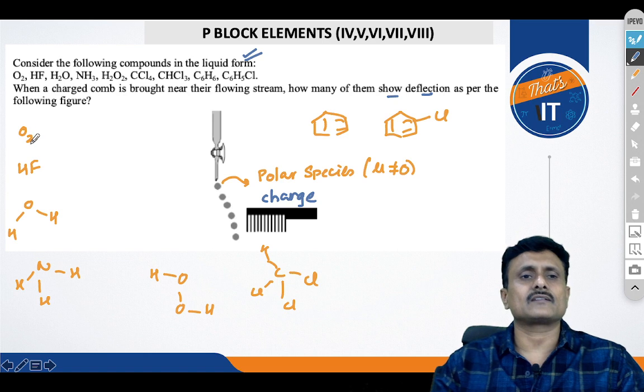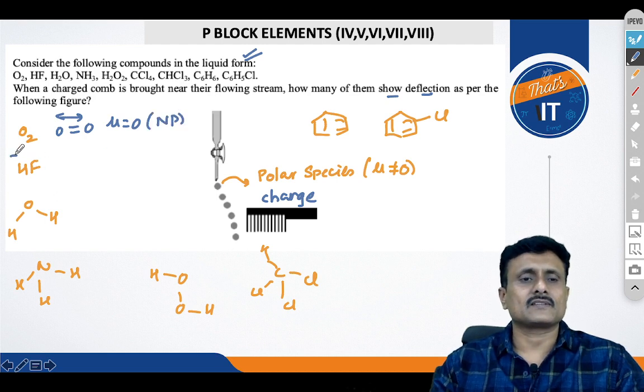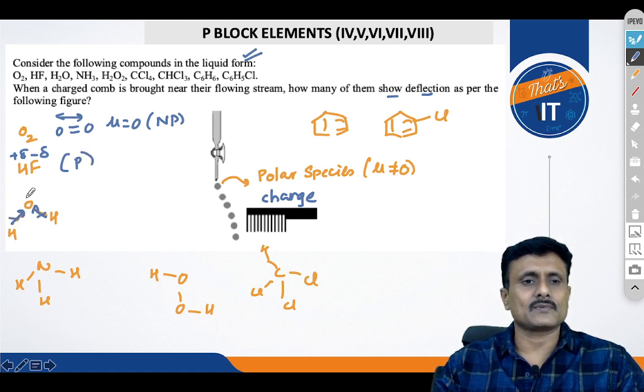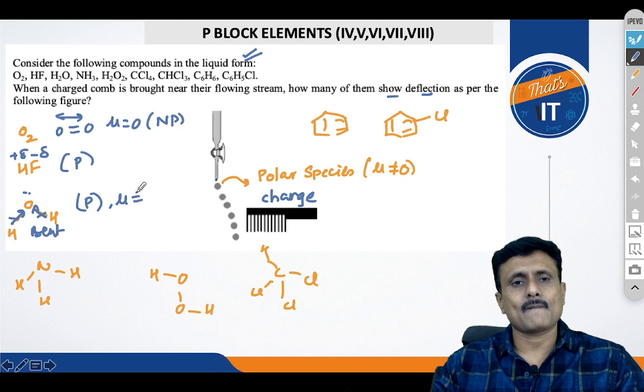Now you can see that this O2, because of the double bond and similarity between these two atoms, is non-polar. HF, there is a clear-cut electronegativity difference. Polar. You know that this doesn't get cancelled because of the bent shape. Presence of lone pair makes it bent, so the dipole moment doesn't get cancelled.